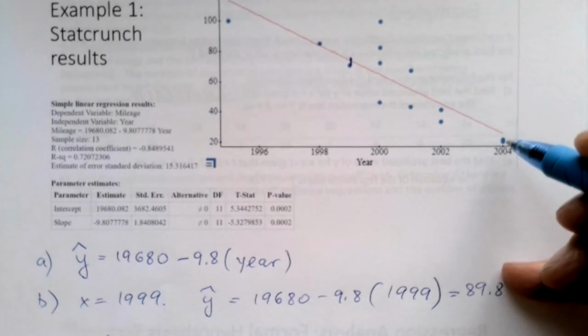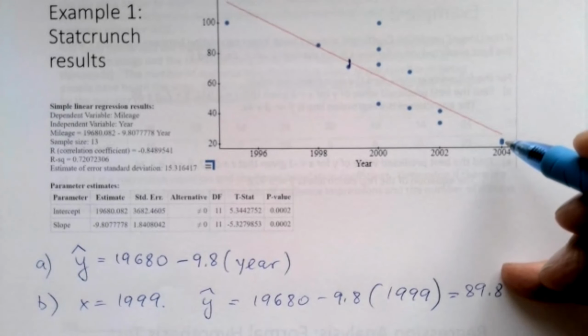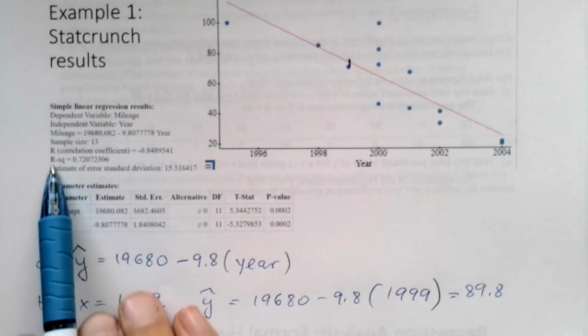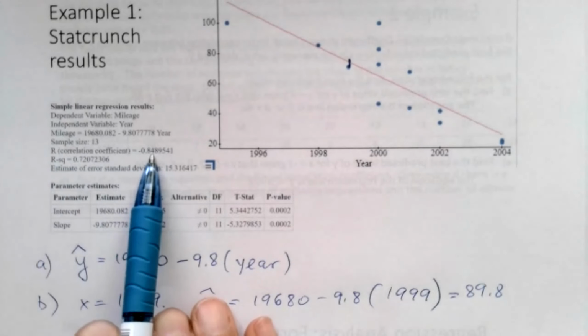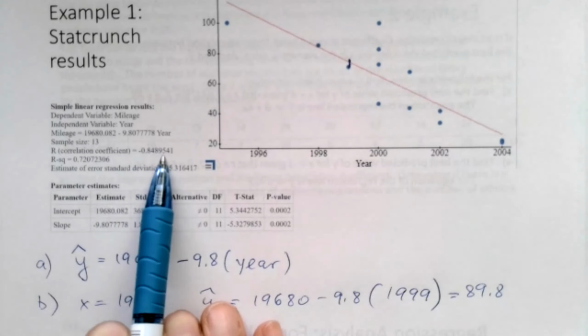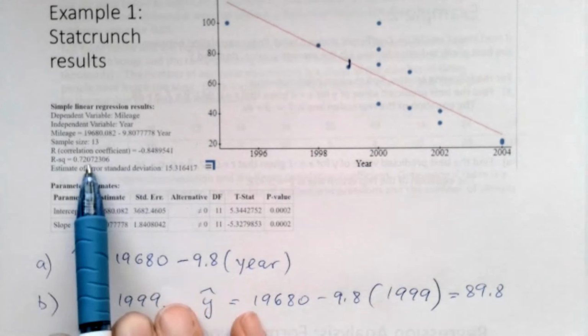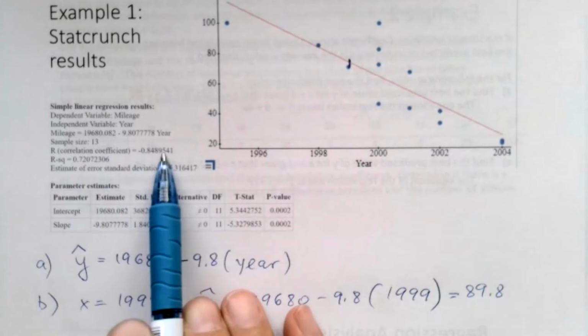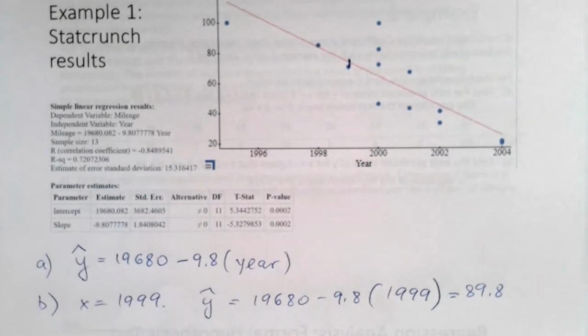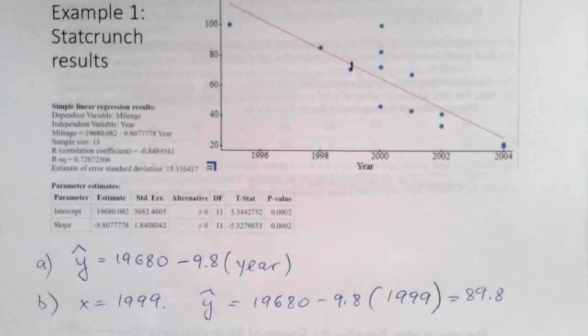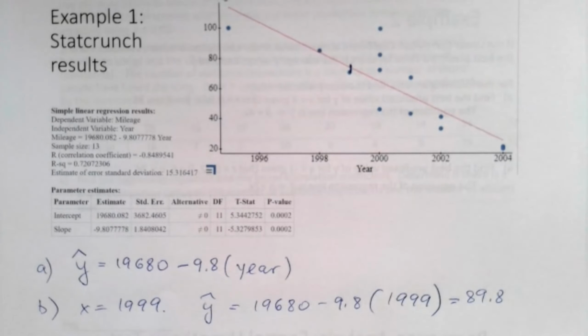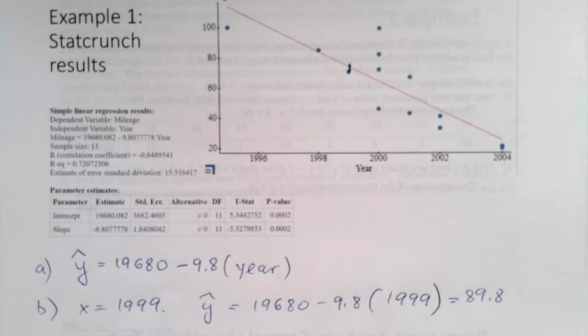So R squared is actually that same R that we use. It's the same correlation coefficient, but it's squared. It's the percentage of the mileage variation that is explained by the age of the car.